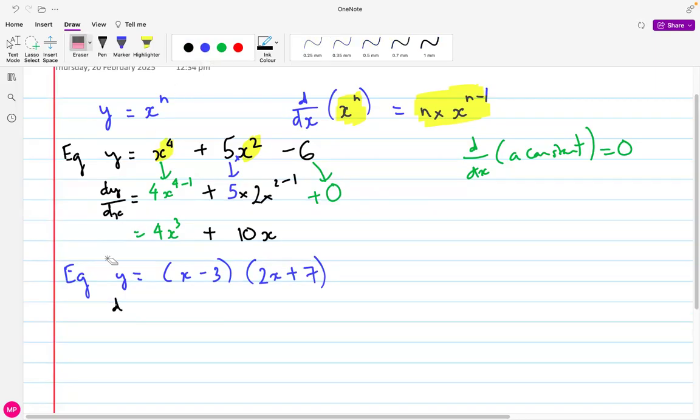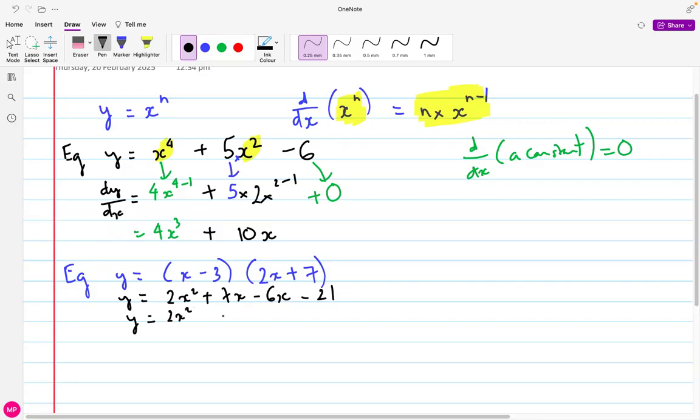Because I expand, I haven't derived it yet, so I'm going to still write y equals. Then I expand that out. x times 2x is 2x squared. x times 7 is 7x. Negative 3 times 2x is negative 6x. And negative 3 times 7 is negative 21. Okay, then you simplify. So y equals 2x squared plus 1x minus 21.